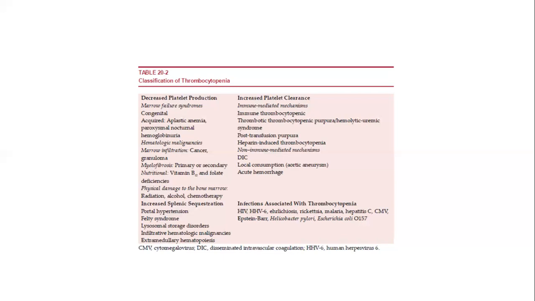Why is knowing splenic sequestration important? Because if you leave it off, we have only 2 categories: one is decreased production, another is increased destruction. These are two broad categories. So, frankly speaking, splenic sequestration is also peripheral destruction. The bone marrow production is normal.